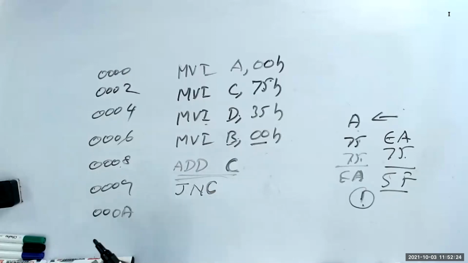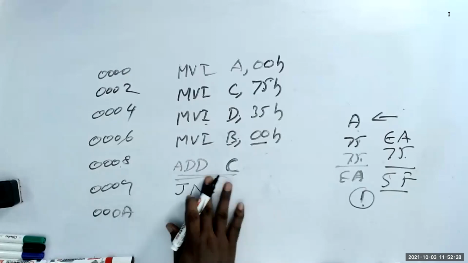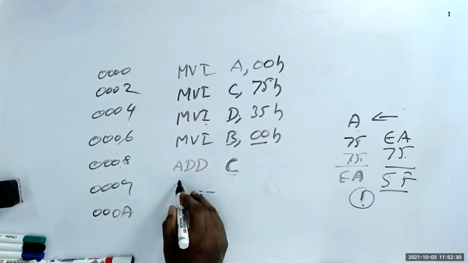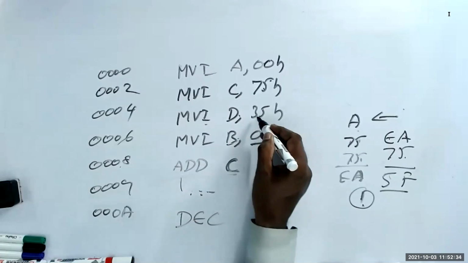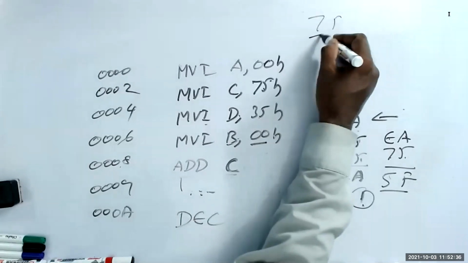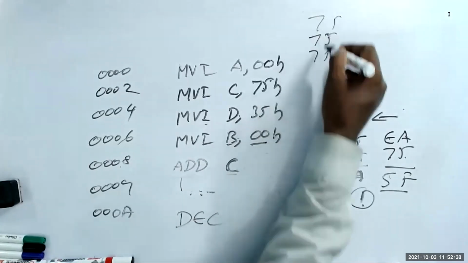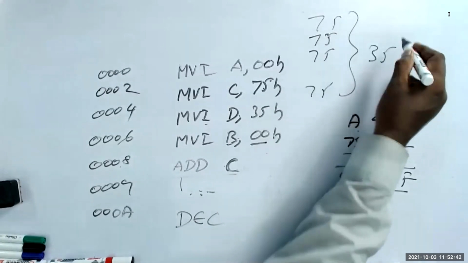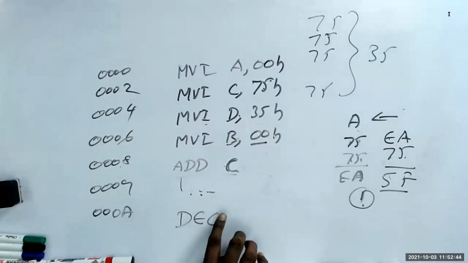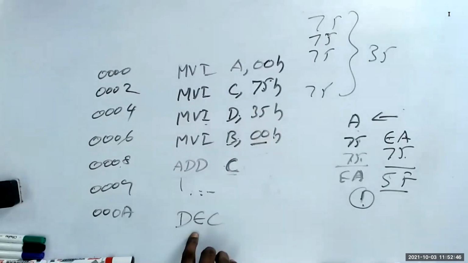Is it right? See, I have to decrement every time, because I'm adding now 75 plus 75 plus 75. I'm adding how many times? 35 times. Understood. Now D has to be decremented. That's why I have a decrement D.